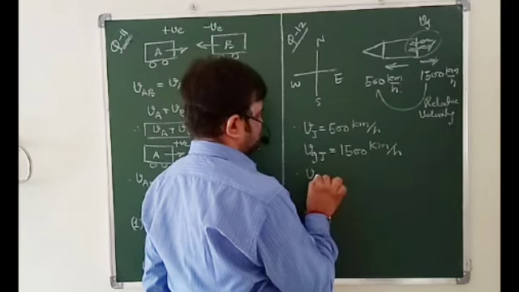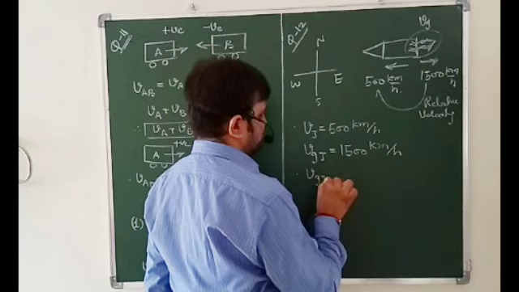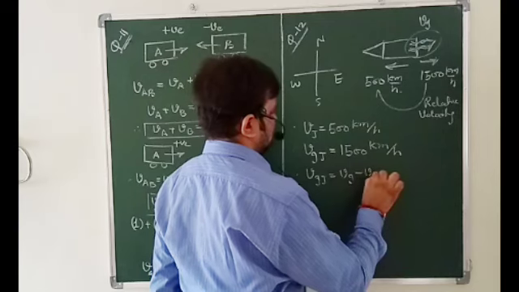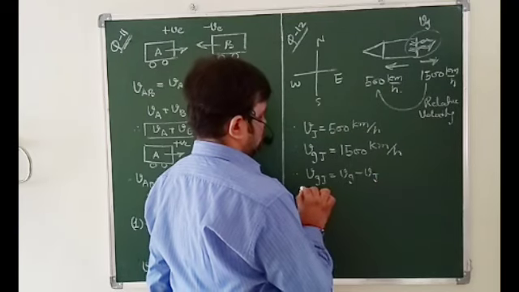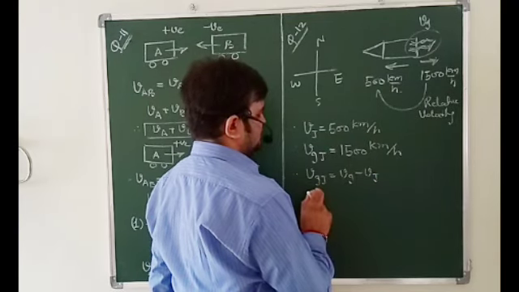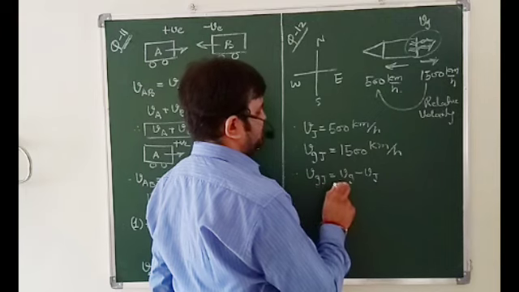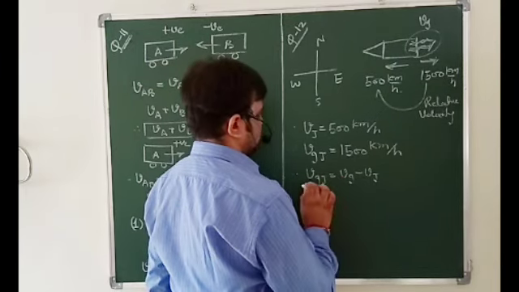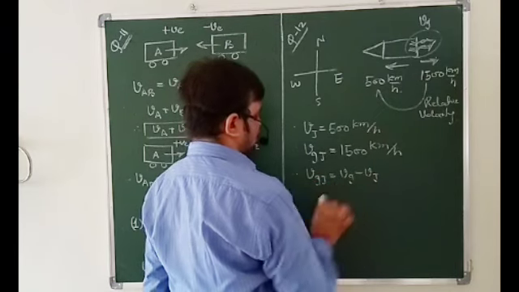So the velocity of gas with respect to jet is Vg minus Vj, a subtraction of the velocity of the jet from the velocity of the gas.